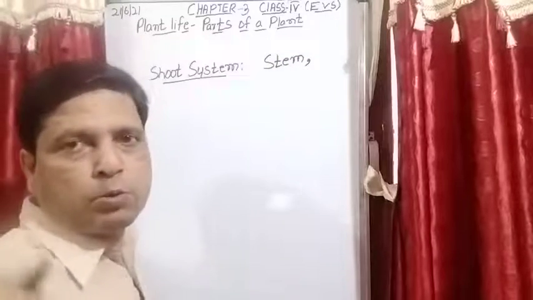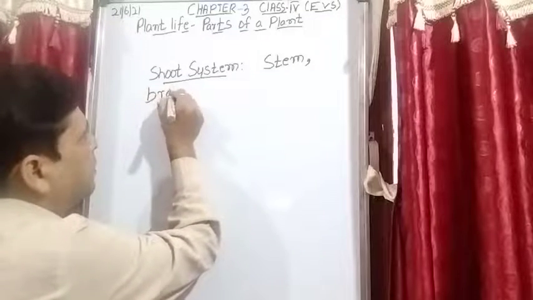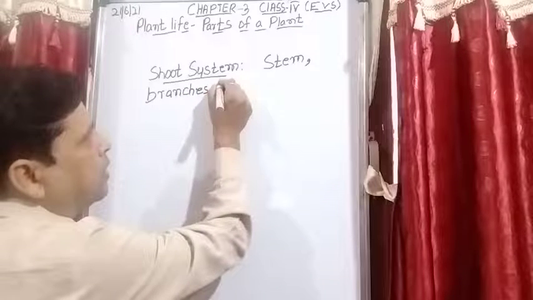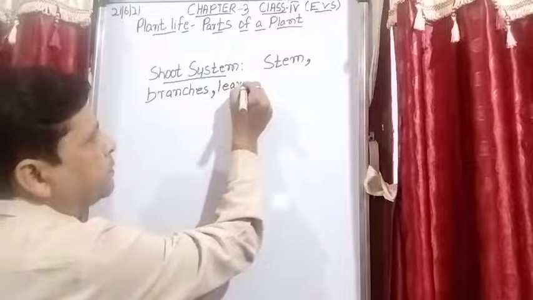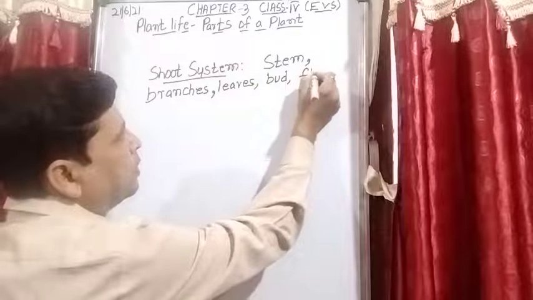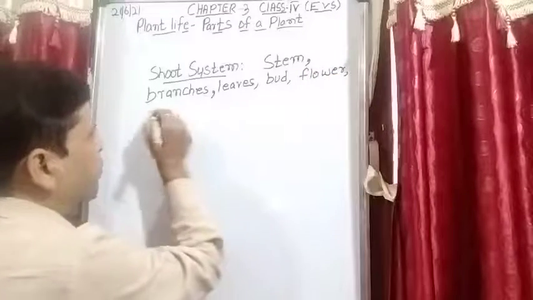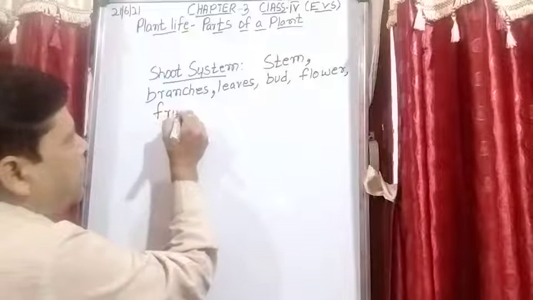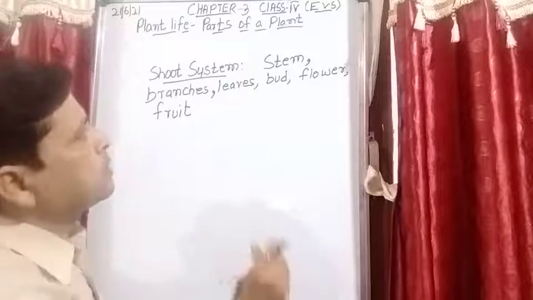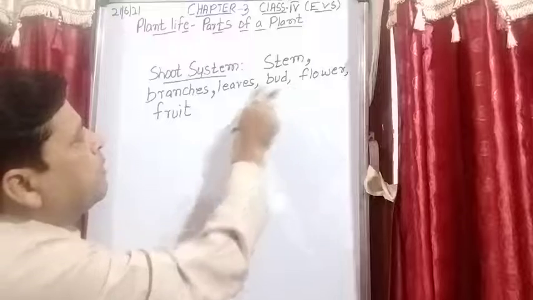Yes, stem is also a part of the shoot system: stem, branches, leaves, bud, flower, fruit. All these are parts of the shoot system. When we are talking about the shoot system, stem is also a part of it: stem, branches, leaf, bud, flower, fruit.